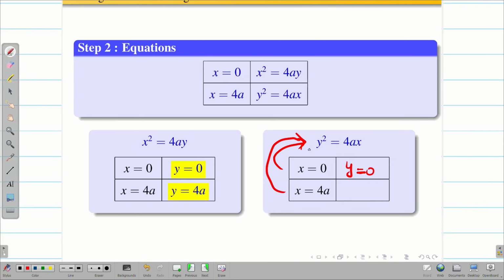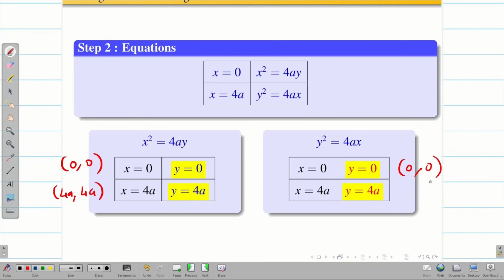Substituting x equal to 4a, then y square is 4a whole square. y is equal to 4a. Because all the values are positive, I am taking only the positive values. Now we can see the points 0, 0 and 4a, 4a. Here also 0, 0 and 4a, 4a. Very good. Both the parabolas are going to intersect only at the origin 0, 0 and the second point is 4a, 4a. Done guys. We have almost got the idea.